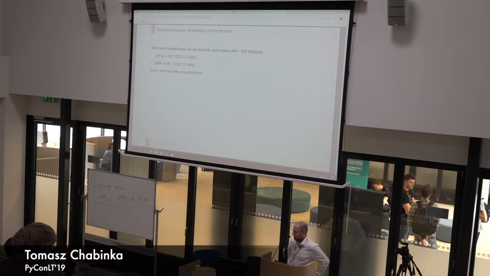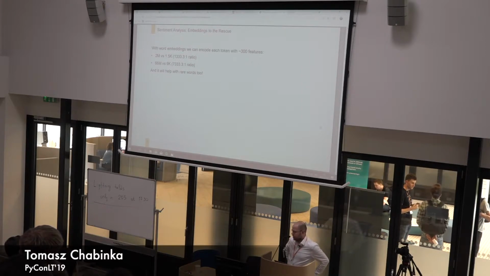So if we take a five word context, we will have only 300 times 5 features instead of 2 million. So we will gain a lot.